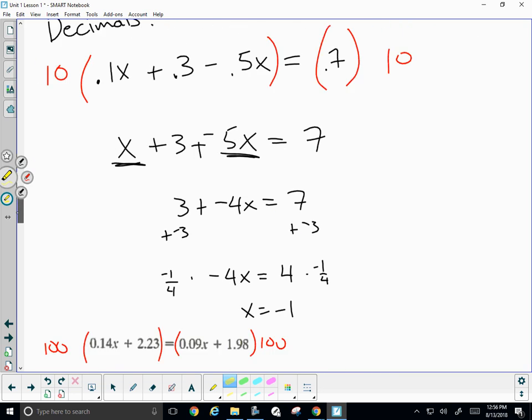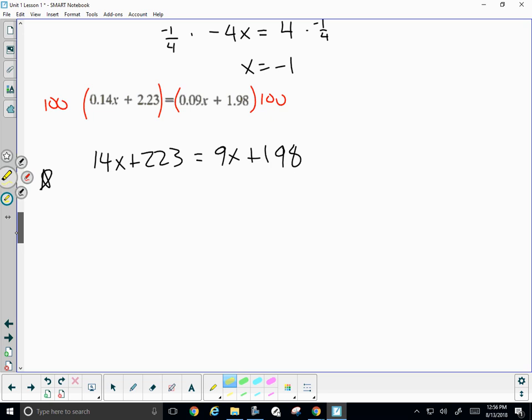What other problem did I not do? One of the decimal problems. Yeah, I multiplied this by 100. Now I have nothing on the same side to combine, so I'm going to just add the opposite. This is 5x plus 223 is equal to 198. I'm going to add the opposite to get rid of the 223 to try to isolate the x.